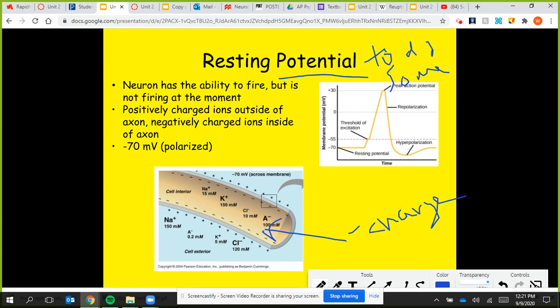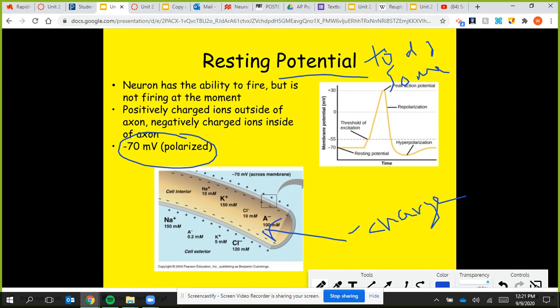All right. So when a neuron is not doing anything, when it's resting, the inside of it is negatively charged. It has negative potassium ions on the inside. It's generally around negative 70 millivolts inside, and is what is called polarized.